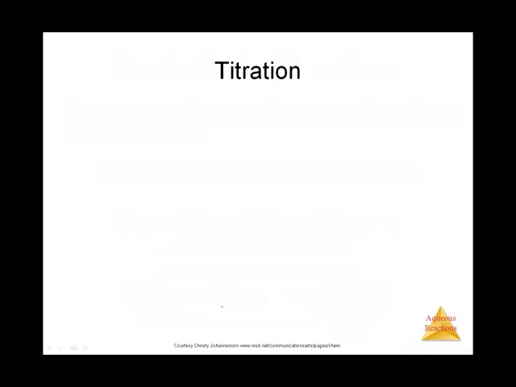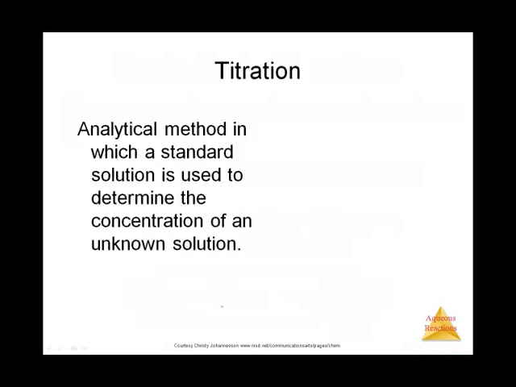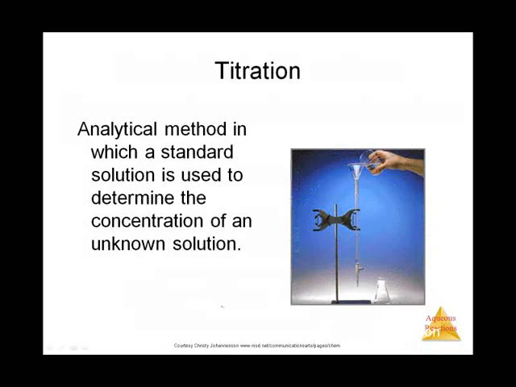Hopefully all of you have done some titrations, and titrations are just an analytical method where you are trying to find the concentration of a solution. Okay? And so you have an unknown concentration of a solution, and it could be an acid or it could be a base, and you're going to titrate it.